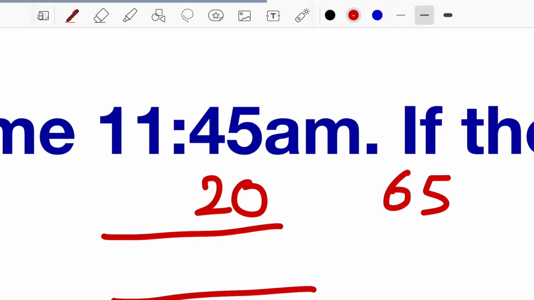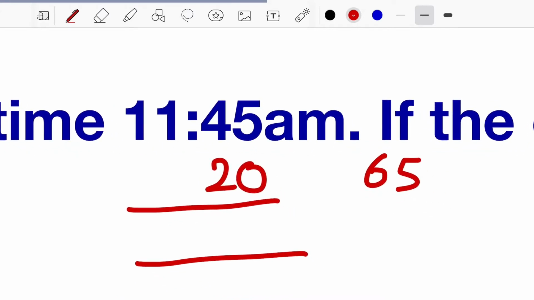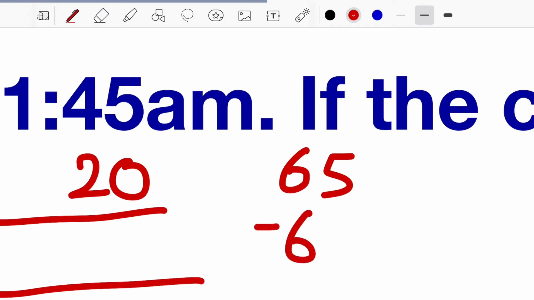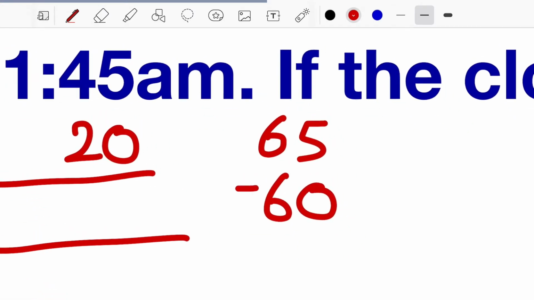65, which crosses the biggest value that we can use, which is 59. So how do we get the correct minutes? Because we can't have 65 minutes here. Well, what we must do is subtract 60. Anytime we cross 60, we must subtract 60. So by subtracting 60, we have subtracted 1 hour.